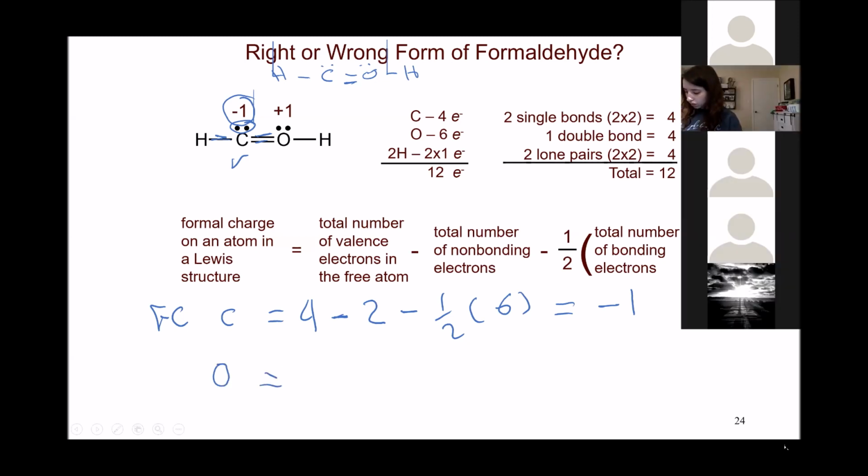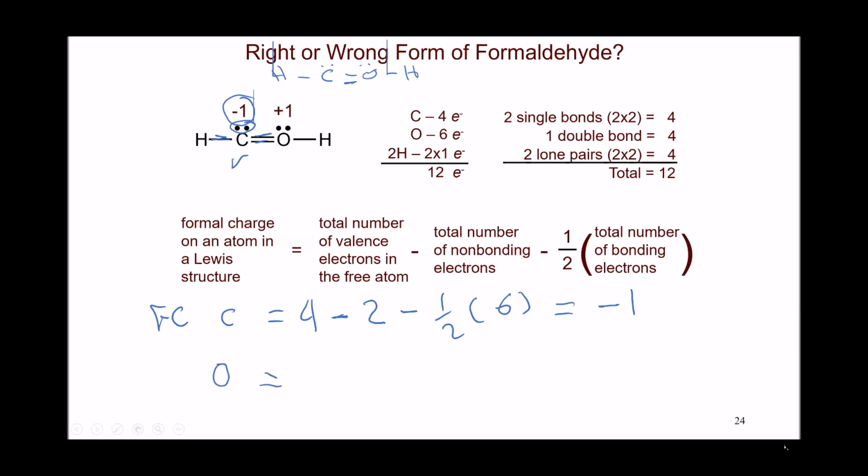Yes, it will be 6 in the free oxygen atom, minus 2 in the lone pairs, minus half of 6, which is going to be 3, right? Yes. So what would be the formal charge in this case? Plus 1.